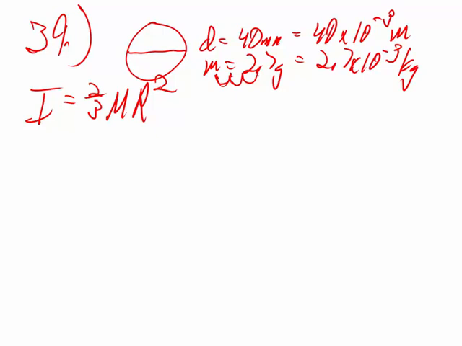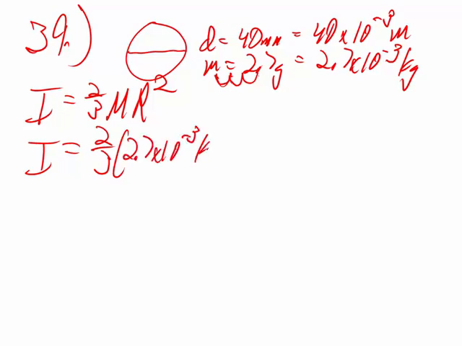We've got to find the moment of inertia about the axis through the center. So we just plug everything in: 2/3, the mass is 2.7 times 10 to the -3 kilograms, times the radius, which is 40 times 10 to the -3 meters.